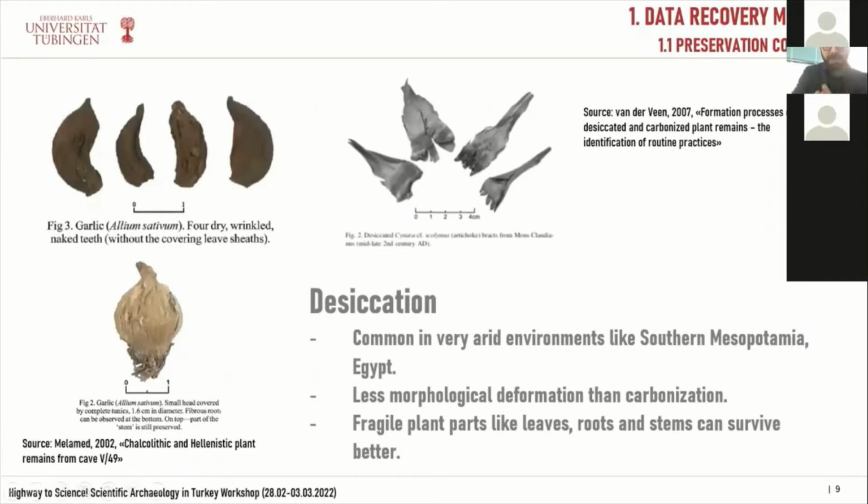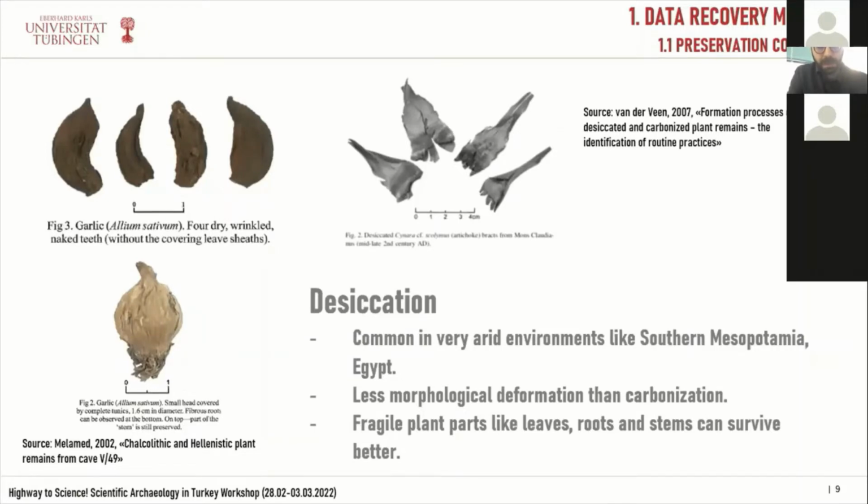Another preservation condition is desiccation. This is very common in very arid environments like southern Mesopotamia or Egypt. In these pictures, you can also see that there is less morphological deformation than carbonization. And you can easily find the fragile plant parts which cannot survive carbonization.